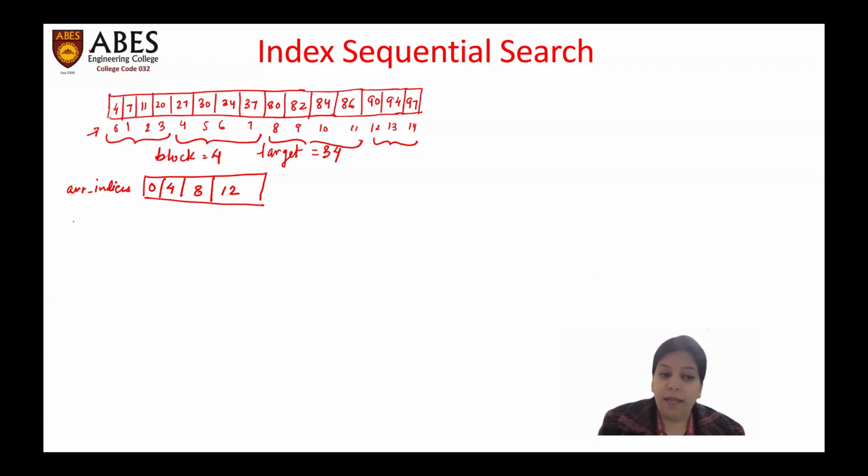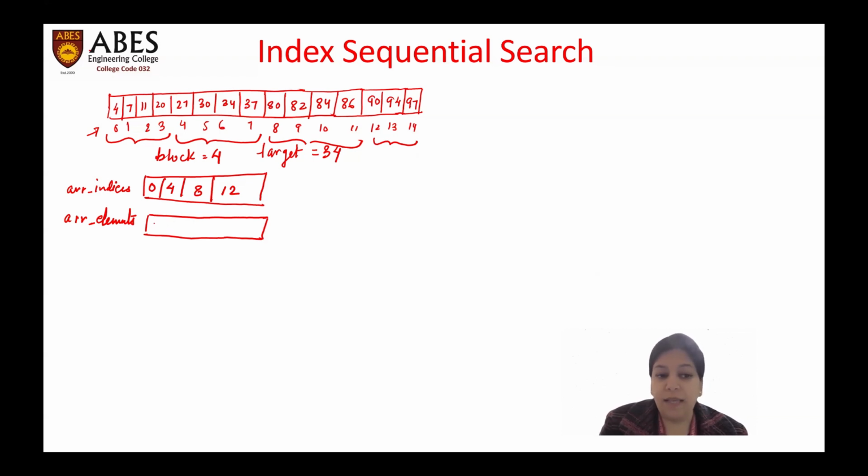With this array, which is storing the indices, we have to also create another array that will store the elements which are present at these indices. That means we only have to store the elements that are placed at the first index of each block.